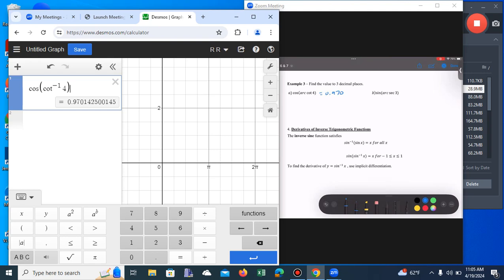And then if we did sine of arc secant 3, you get 0.943. These are, of course, in radians.